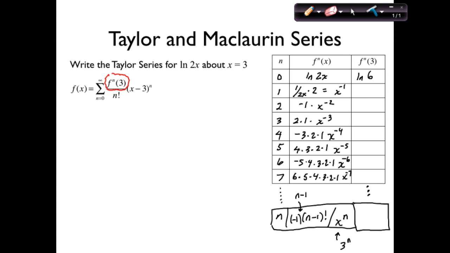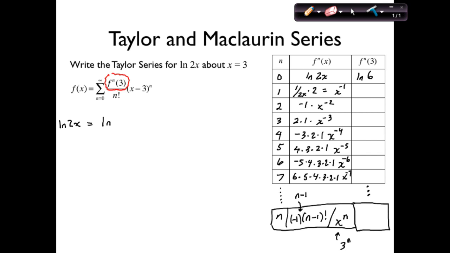So this is natural log of 2x equals, oh, but notice what's happening here, right? What about this first term? ln of 6, is that what you get when you plug 0 into this? No, so what do we have to do? We have to throw it out here separately.